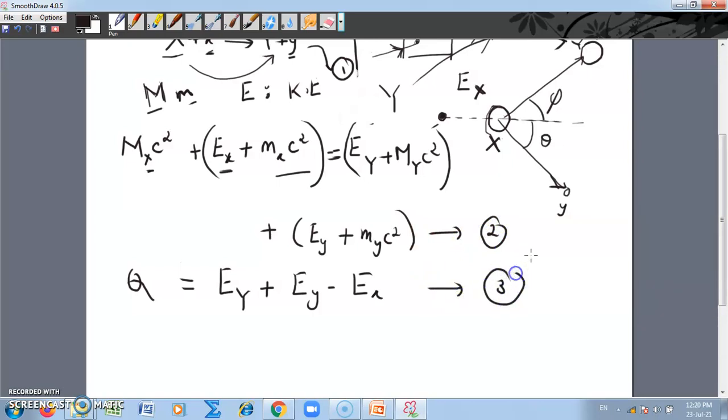So in that case, from 2 and 3, we can obviously write Ey plus Ey minus Ex. We can take it like this. This is Ey plus Ey minus Ex.